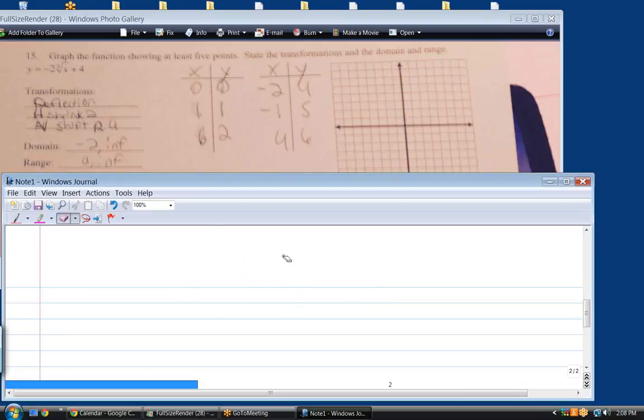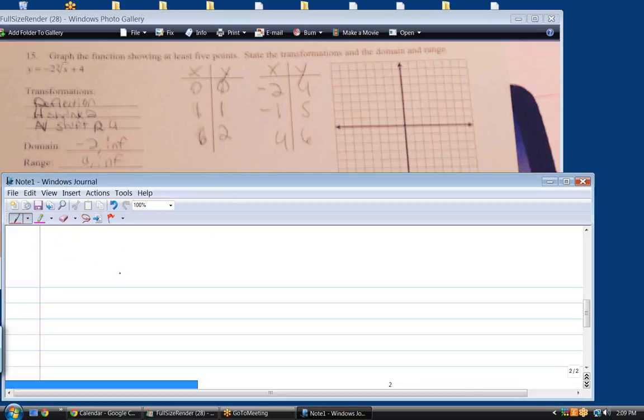And we need one more point. Is 4 a good point? No. What would be another good point? We've used 0, 1, 8, -1. We need one more. Could you use -8? Yeah, let's do it.